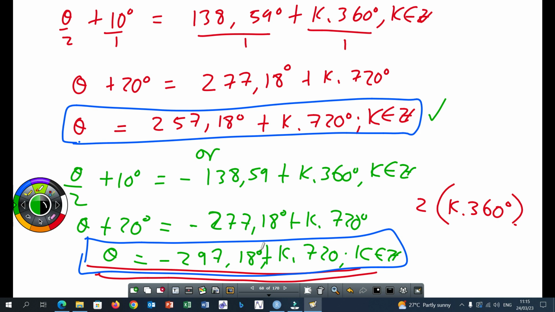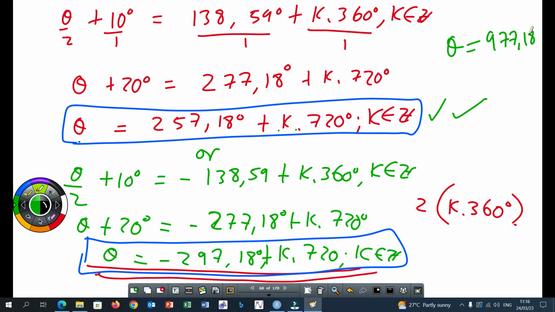Now, let's test this. Okay, for interest sake, let's test it. We have got 5 minutes. So let's say we choose k equal to 1. Put k equal to 1 into that equation. You will get theta equal to 977,18.